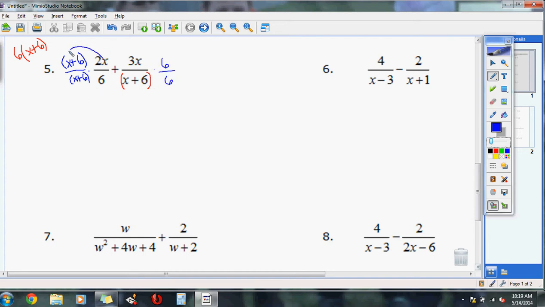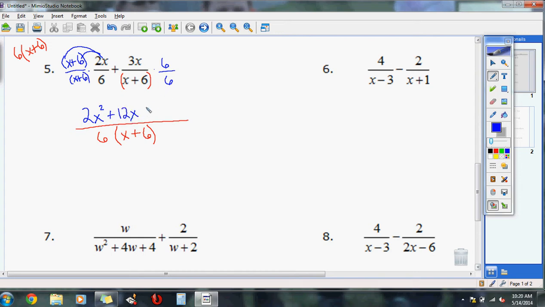All right, so now we need to actually work through this, and I'm going to work through this in one step here. Okay, I'm going to have a common denominator after this. My common denominator is going to be 6 times x plus 6. What am I going to have on top? Well, if we look at what's happening on top, 2x times x is actually 2x squared plus 12x.